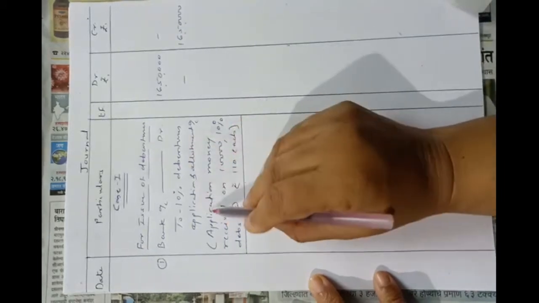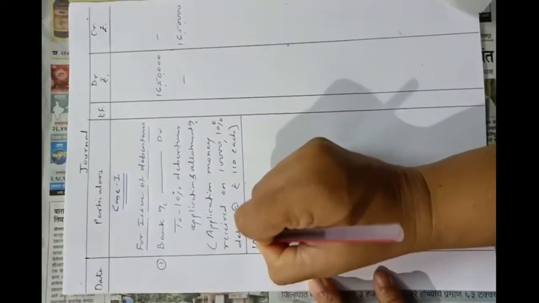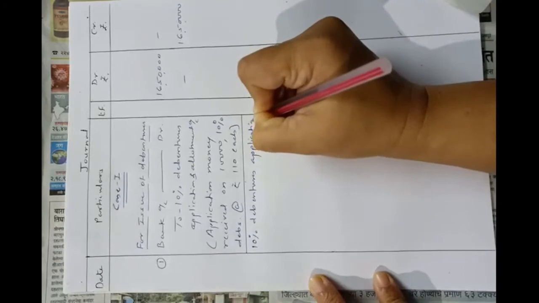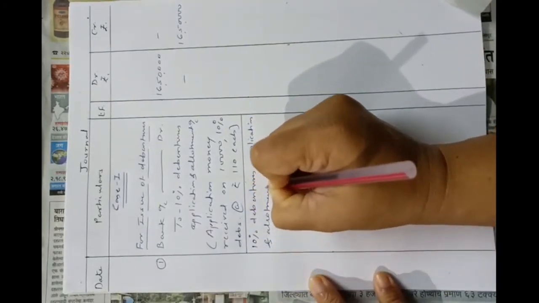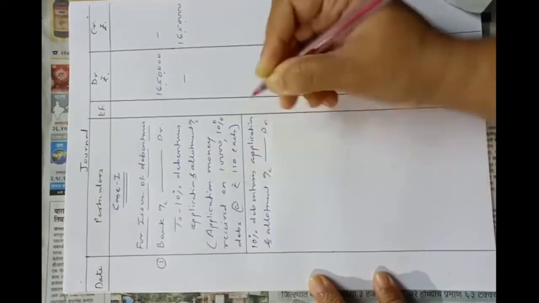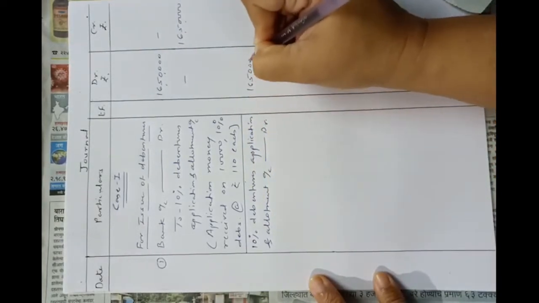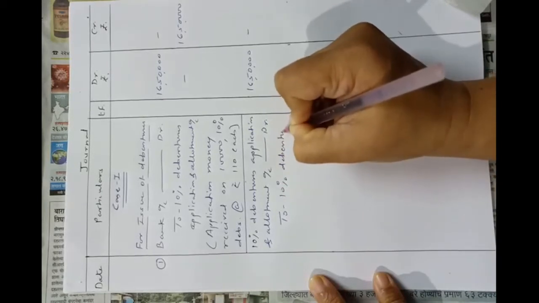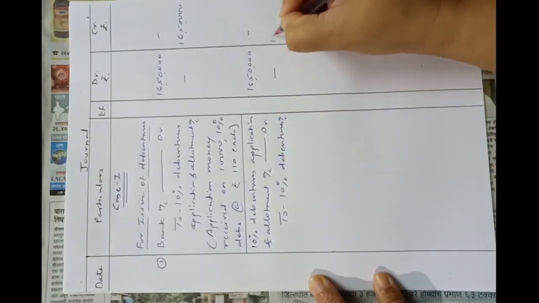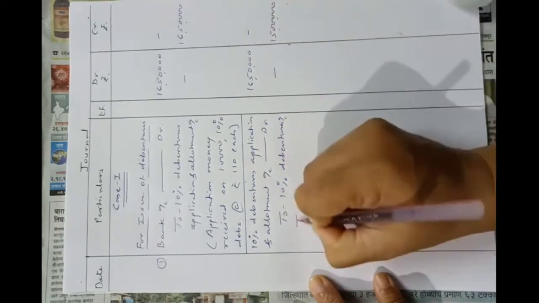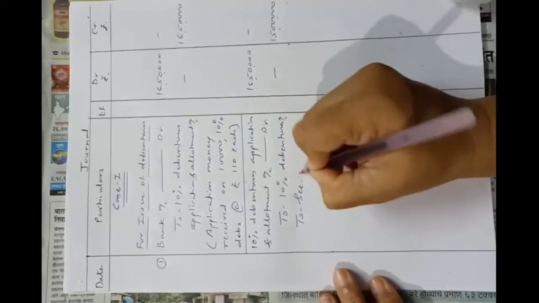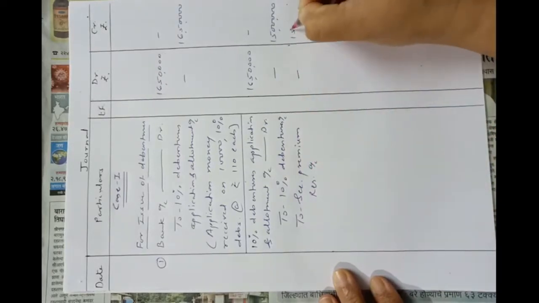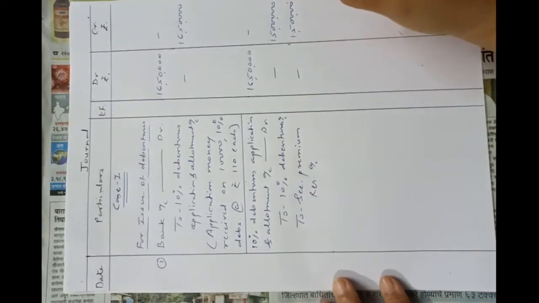Okay, so 10% debenture application and allotment account debit 16,50,000 to 10% debentures account, the original amount, that is 15 lakhs, and to security premium reserve account ₹1,50,000, that is 10% of 15 lakhs, which is premium.